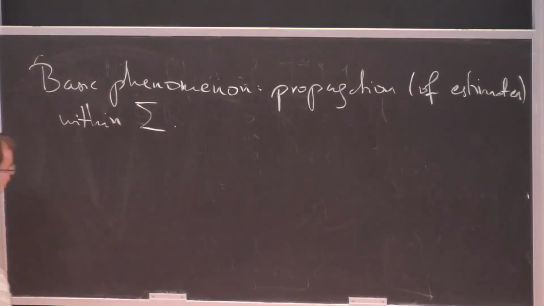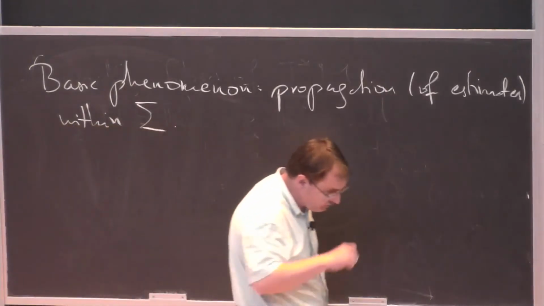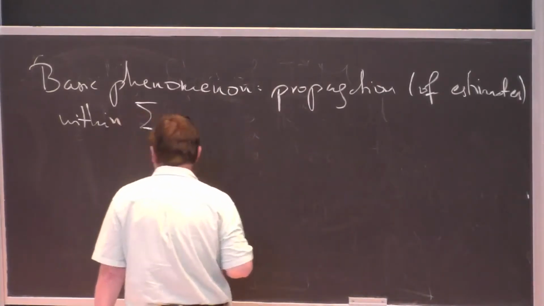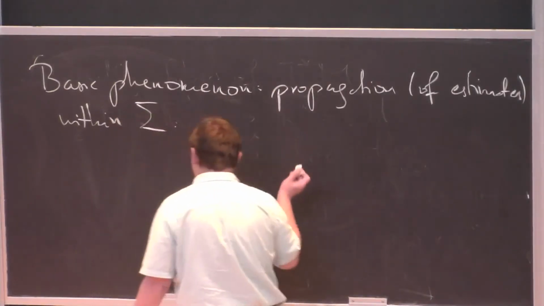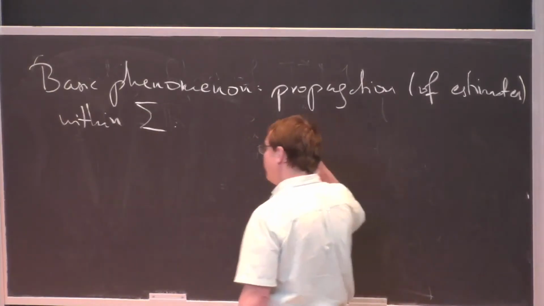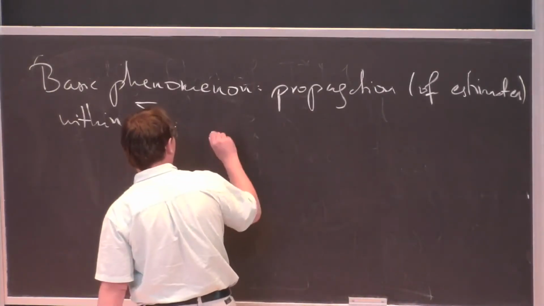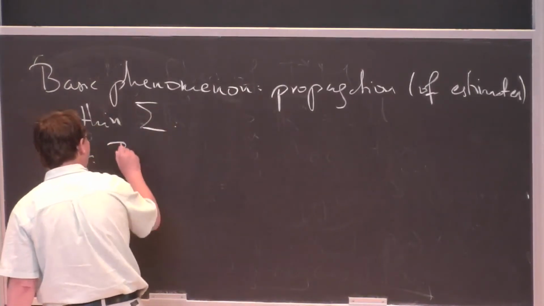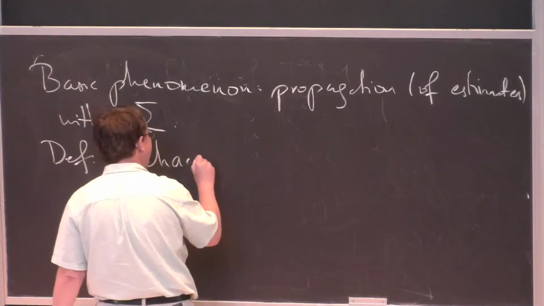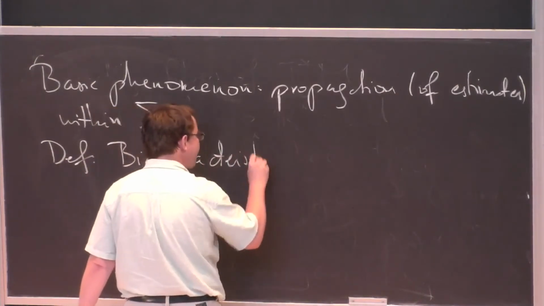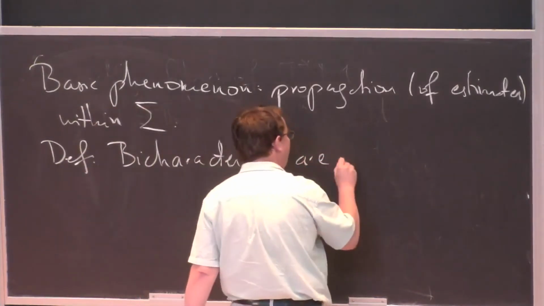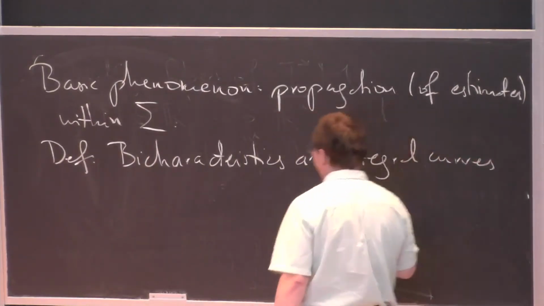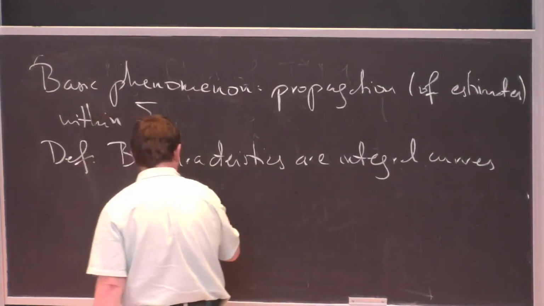So this uses a notion that Schuwen introduced, which is the Hamilton vector field. So the result will be Hörmander's theorem, which I state in a little bit. I introduced a new term, so the definition will be that bicharacteristics are integral curves of the Hamilton vector field.